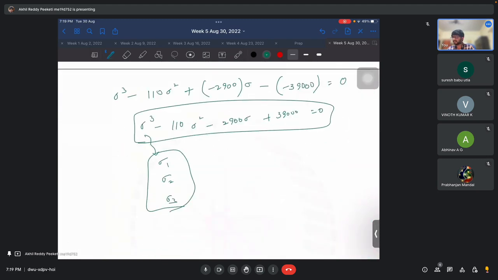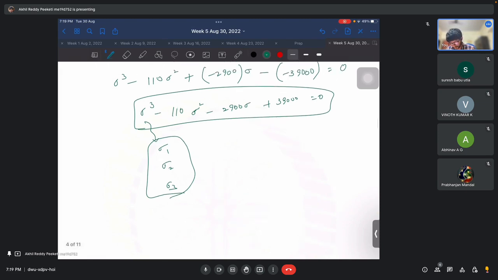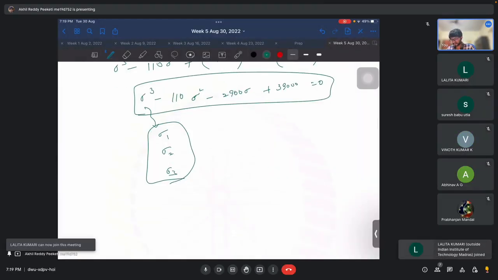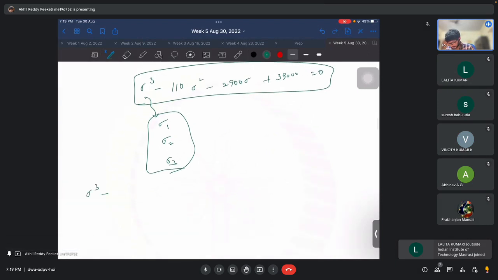So is that clear? Usually cubic equations you might not be able to solve analytically, but in some cases you would be able to. In those cases you need to find something which you can take common. So if I write this equation as sigma cube minus 100 sigma square, minus 10 sigma square, plus 1000 sigma minus 3900 sigma.